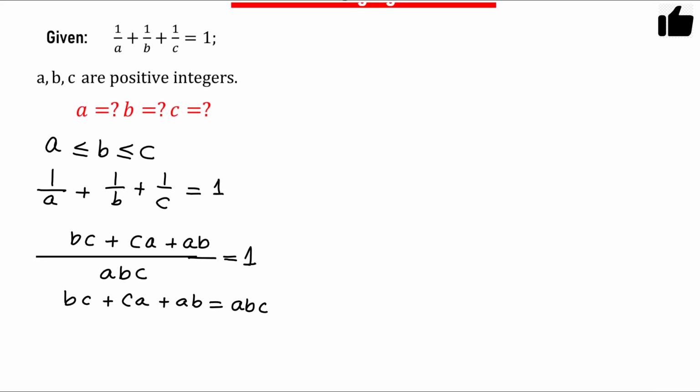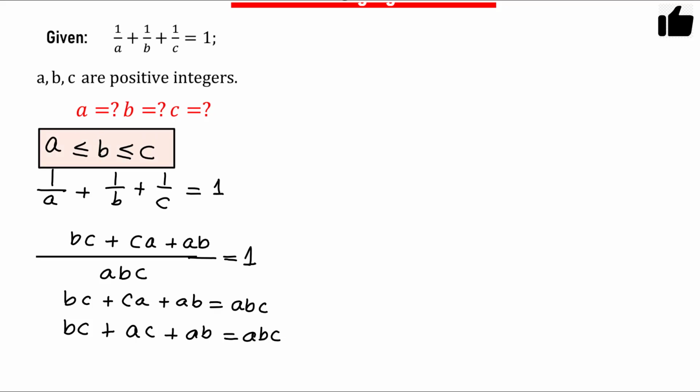So I can write bc + ac + ab = abc. I have to basically find some kind of limit, and this can be done only with the help of this assumption.